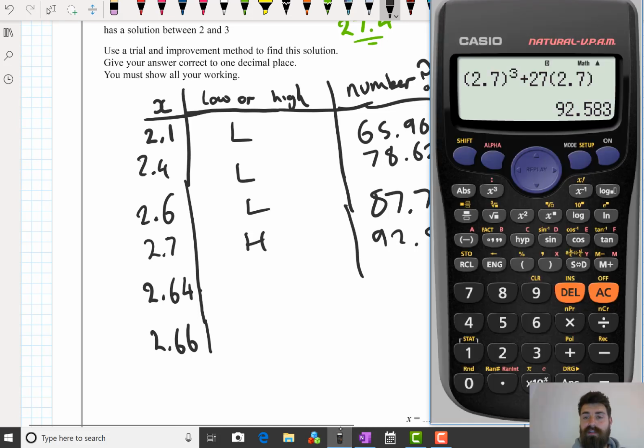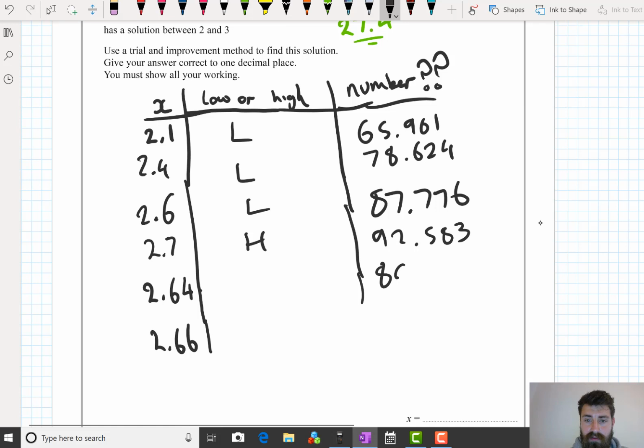So if I go here, 2.64, because that correct to 1 decimal place is 2.6. Oh, I didn't do the one on the end as well. Mustn't forget that. 89.679.